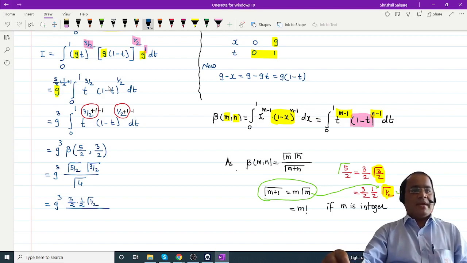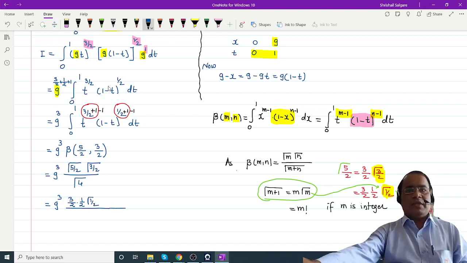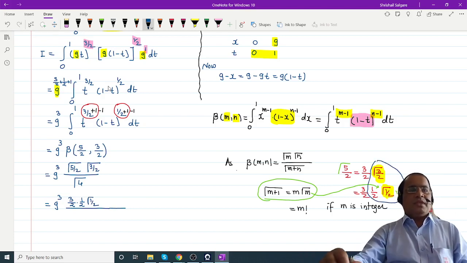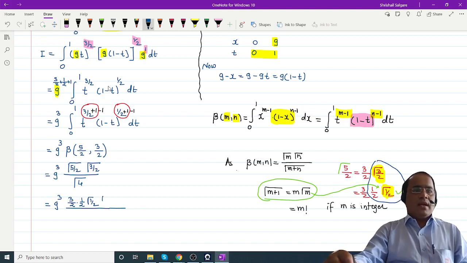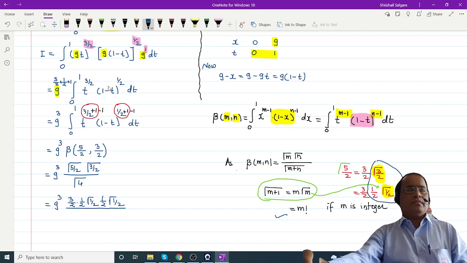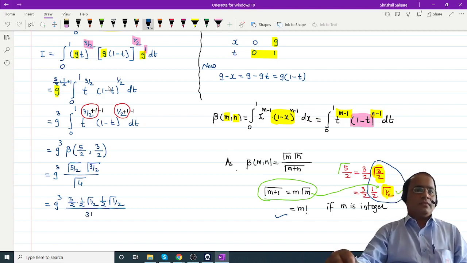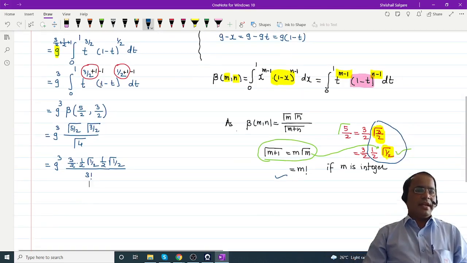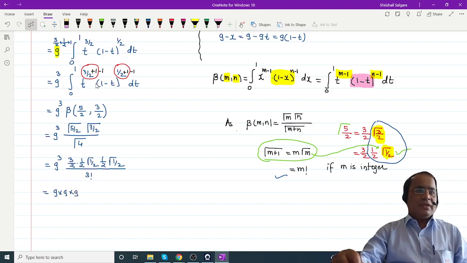In the same manner, gamma 3 by 2 can be written as 1 by 2 gamma of 1 by 2, and gamma 4, by the second property, will be 3 factorial. Is it right? So further, this can be written as 9 into 9 into 9.